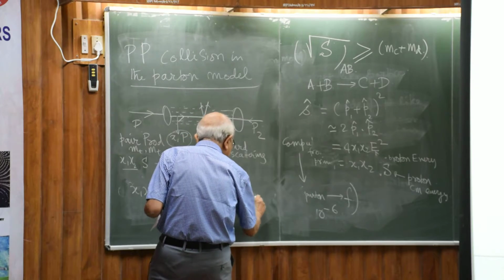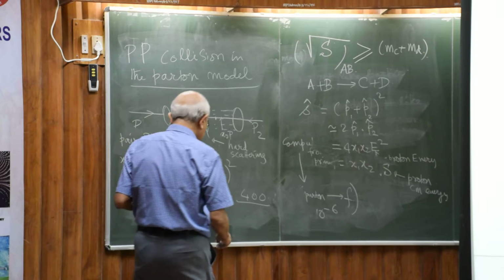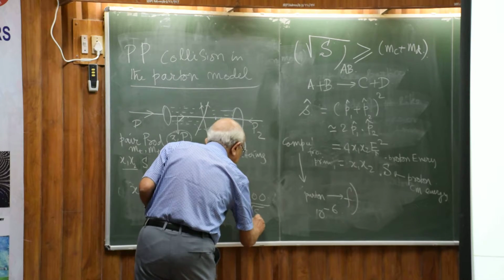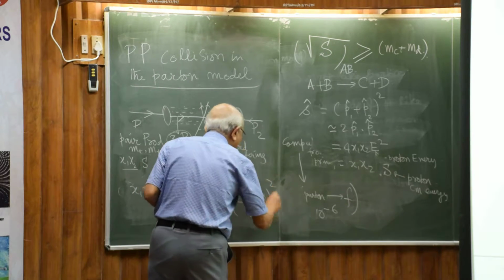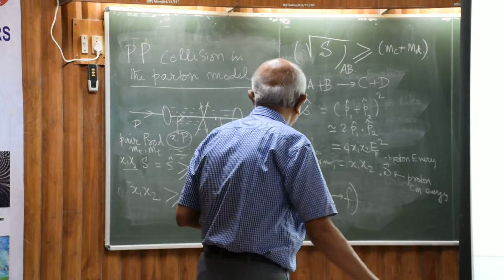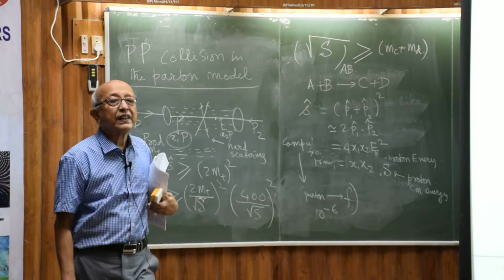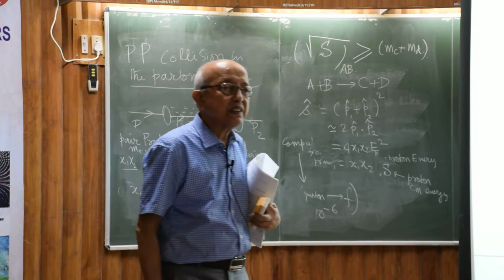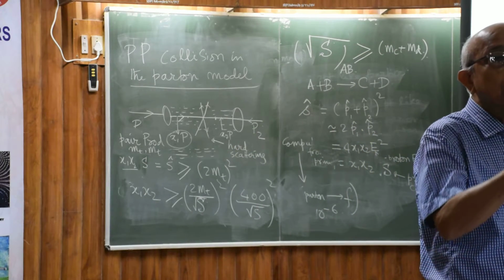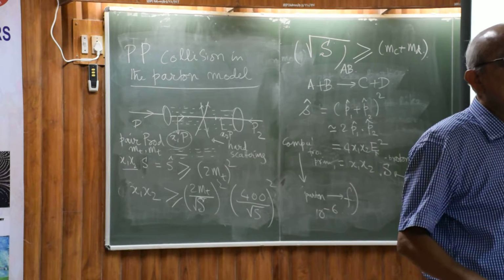So we have 400 in the numerator divided by, I am sorry, it should be root s. If you put for root s the CERN value, which is something like 600, then you will get something like 2/3 whole square, which is something like 4 by 9.